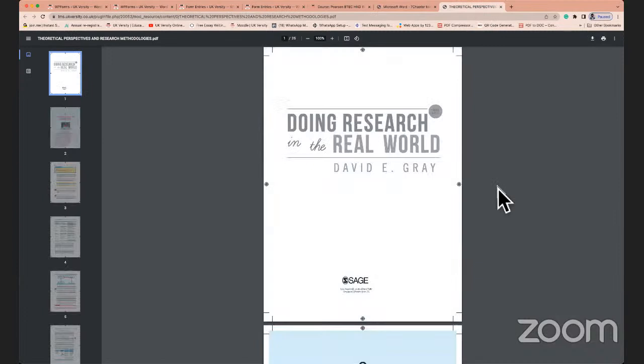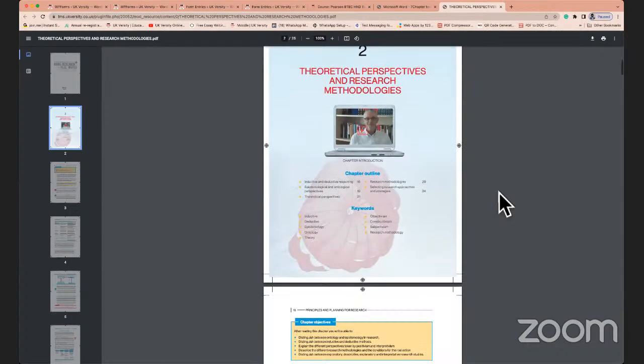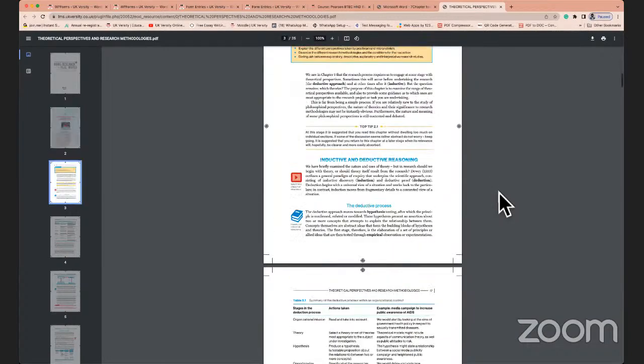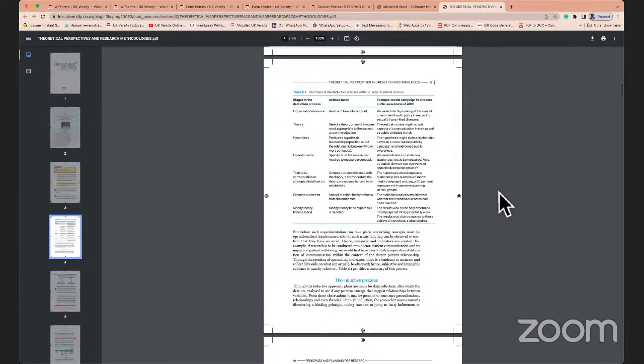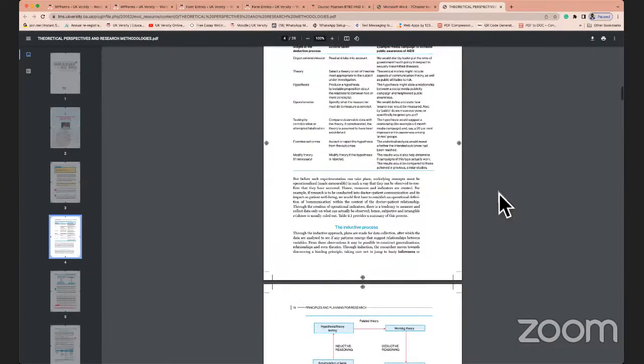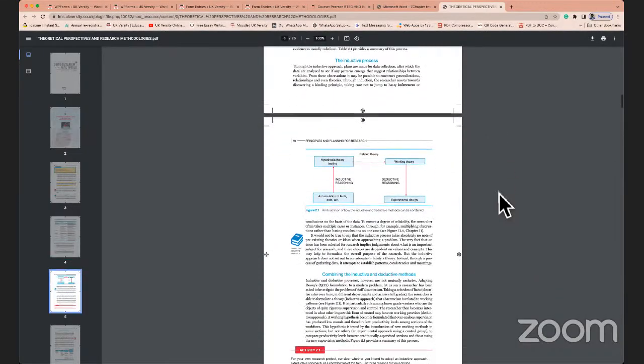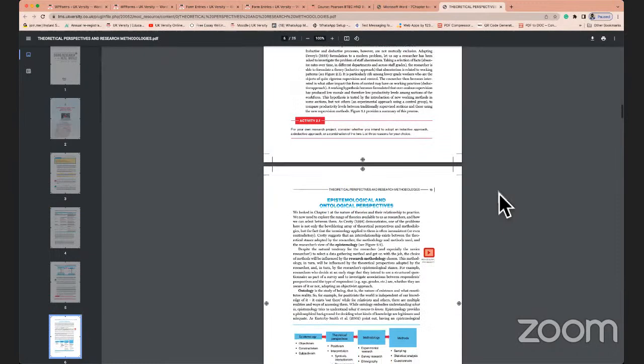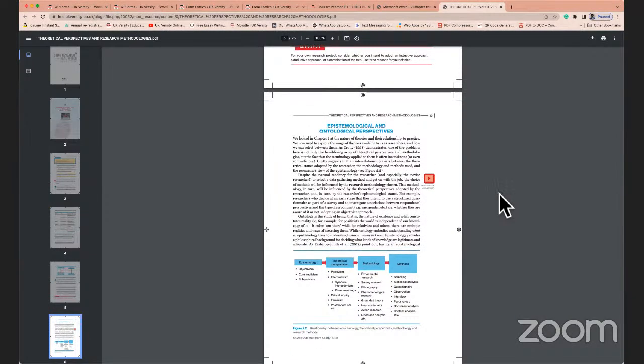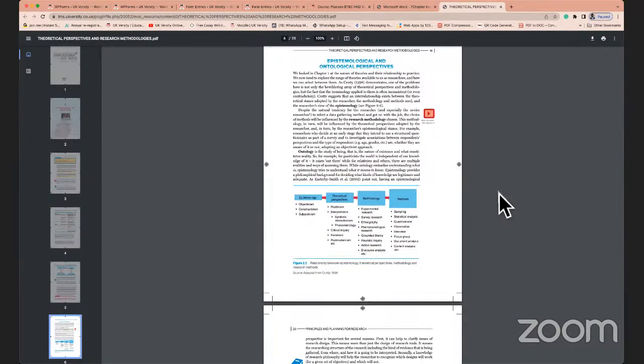Then there is also a handout which has been extracted from a book called Theoretical Perspectives of Research Methodology. So this particular chapter outline would put things into context when we discuss hypothesis testing, what is the inductive and deductive research process, and how you define your research methodology in terms of whether you're going to do inductive research or deductive research, whether you're going to use qualitative, quantitative, or mixed methods.